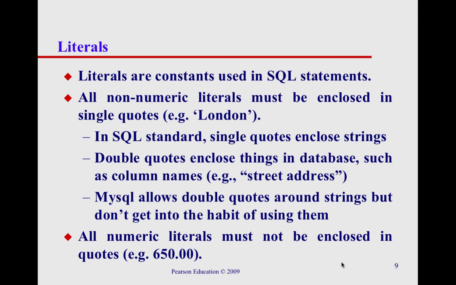And the only way then, if an attribute has spaces in it, to indicate where it starts and ends is to put quotes around it. So real SQL says that string literals are enclosed in single quotes and attribute names are enclosed in double quotes.